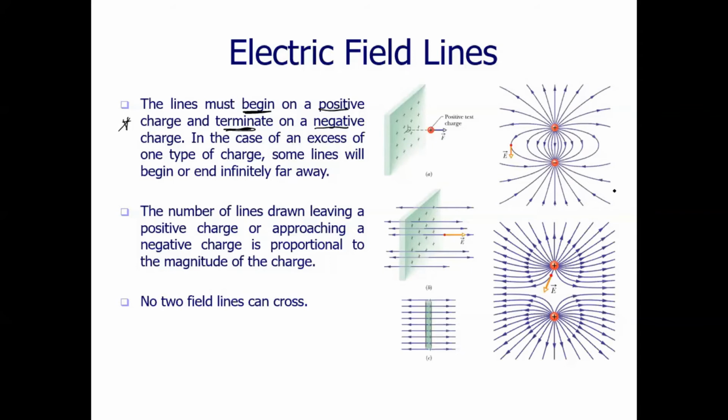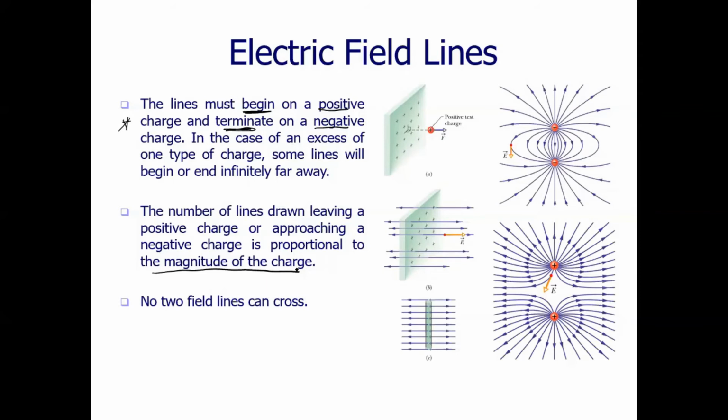What is the other thing I want to highlight from this slide? The number of lines drawn leaving a positive charge or approaching a negative charge is proportional to the magnitude of the charge. That is one of the conventions used.